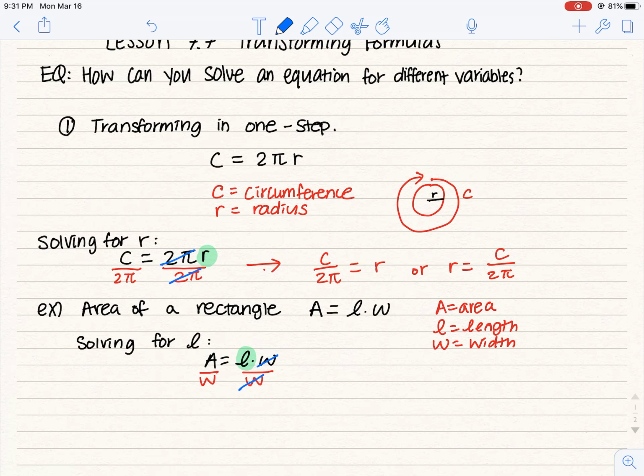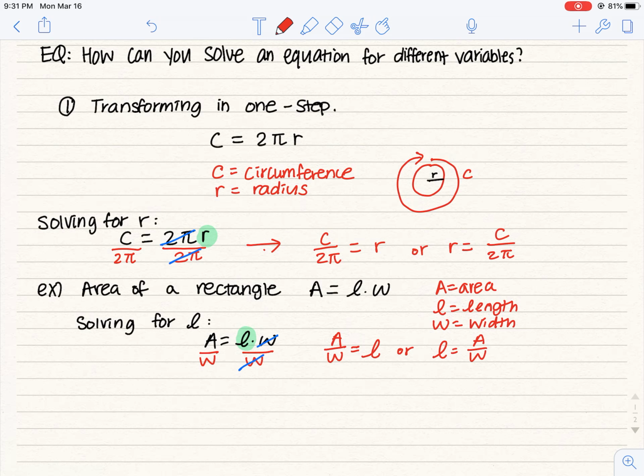Same thing for this one, right? So they cancel out, and I am left with L equals A divided by W, or A over W. And that's it. If you know what A and W are, you can figure it out later on. But in this case, they're just asking us to solve for that certain variable.